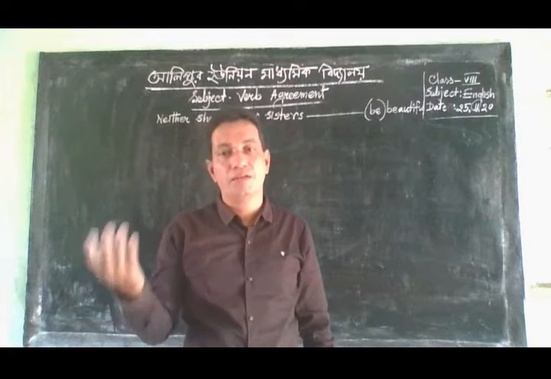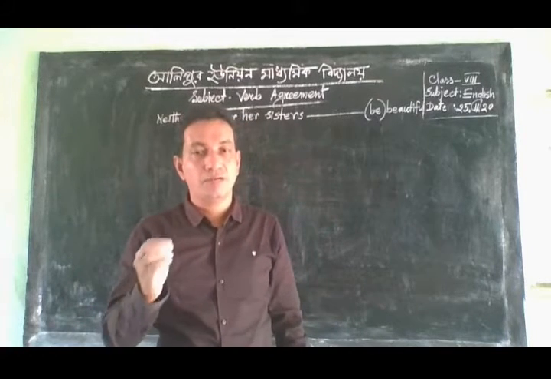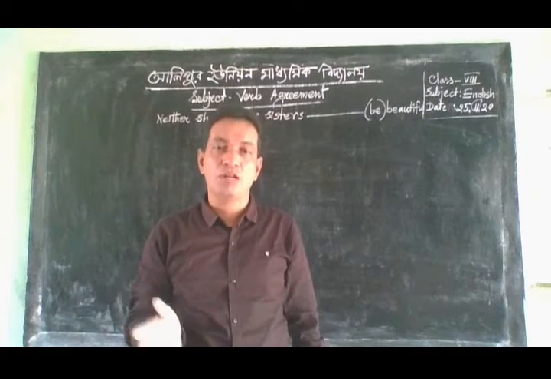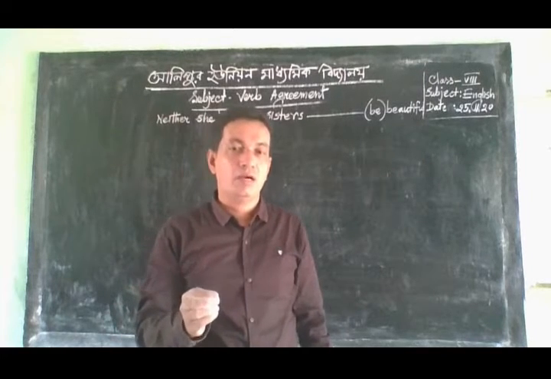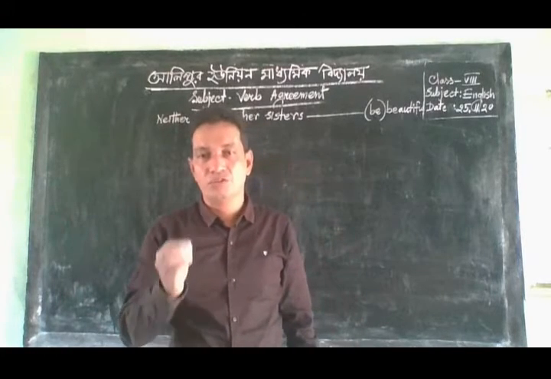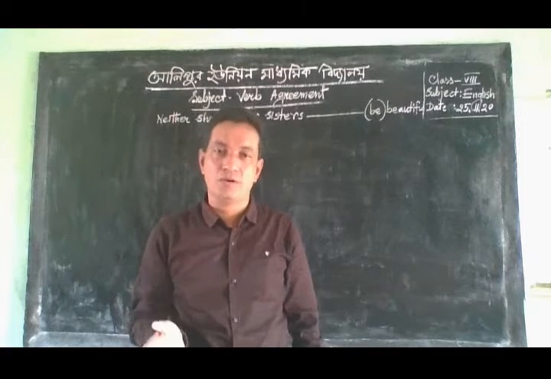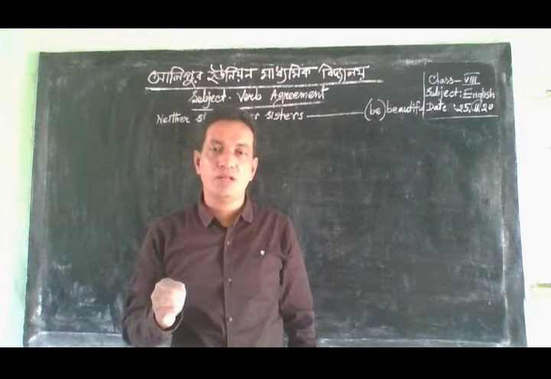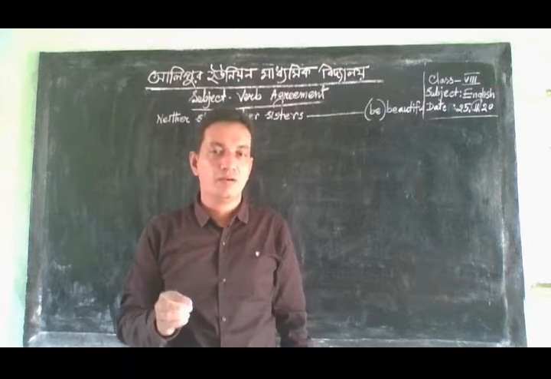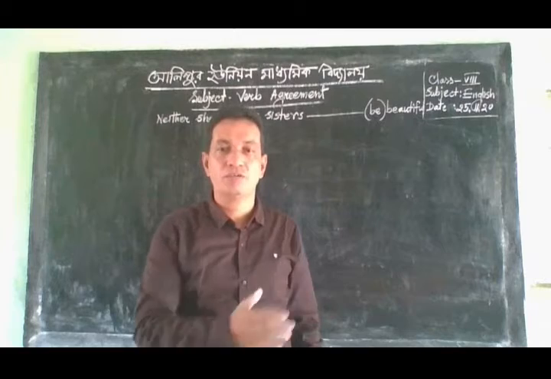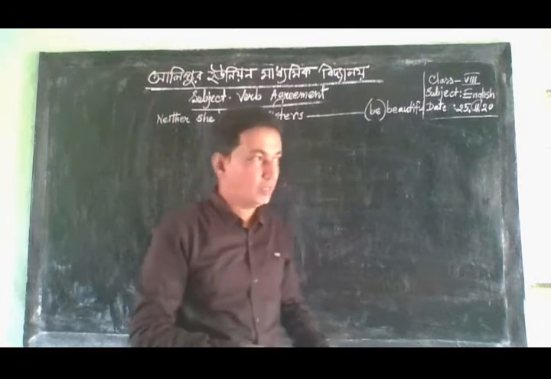And if either-or or neither-nor is joined with two subjects of separate number, that means one is a singular subject and the other is a plural subject, in this case we must write a plural verb according to the last subject.